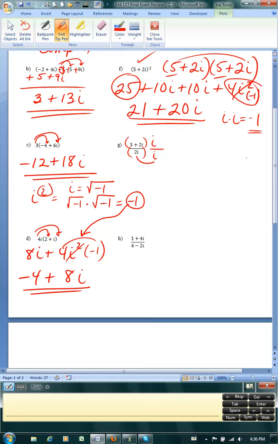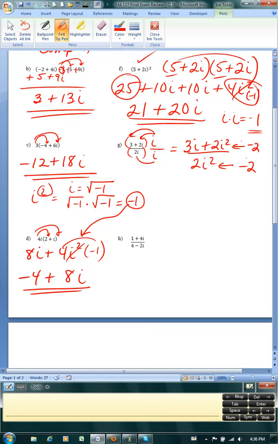In the denominator, we will create 2i squared, which is the number negative 2. And in the numerator, when we distribute in, 3i plus 2i squared. 2i squared is again negative 2.